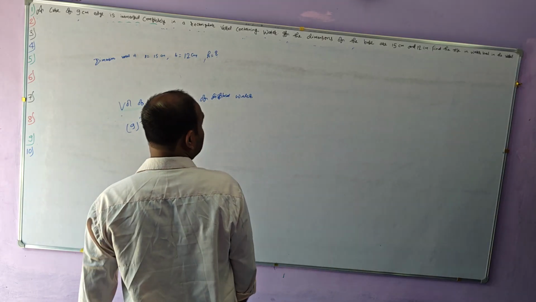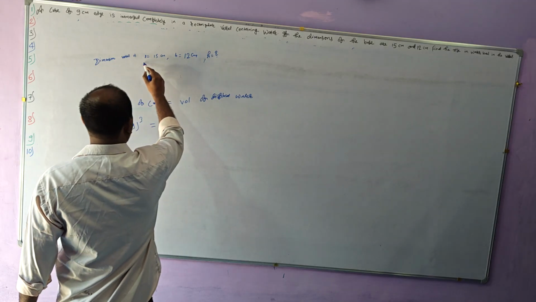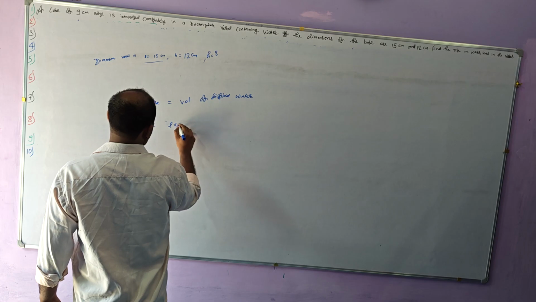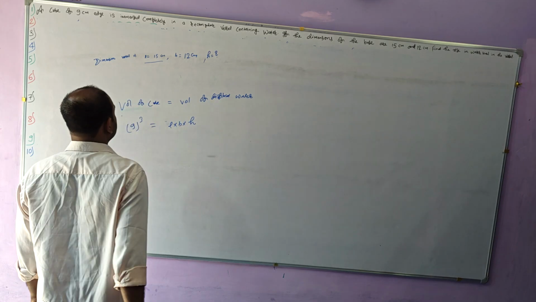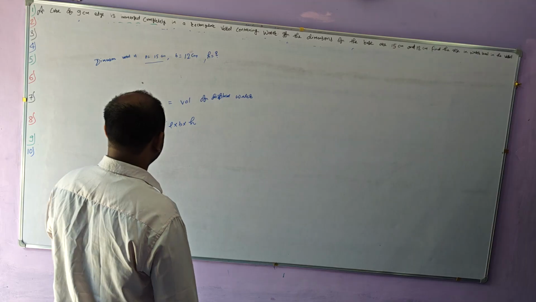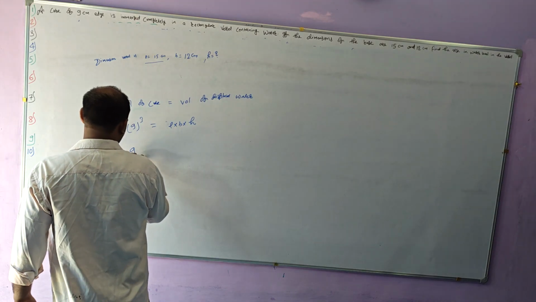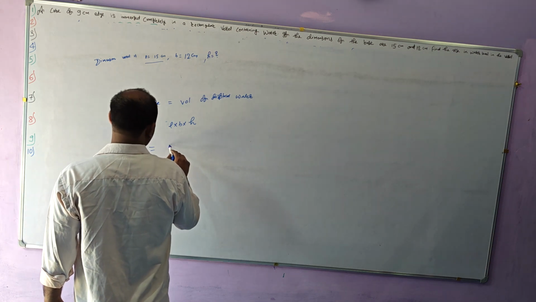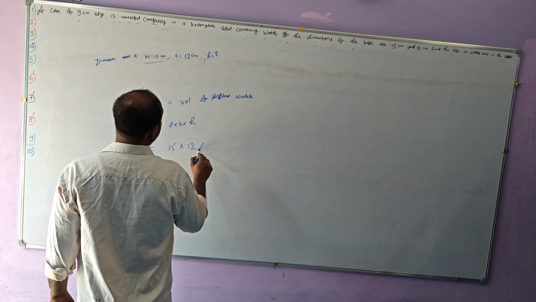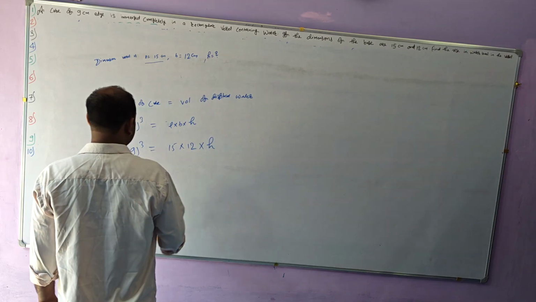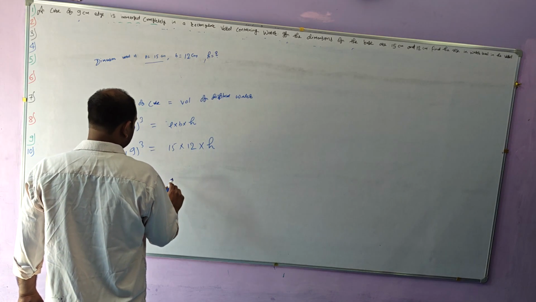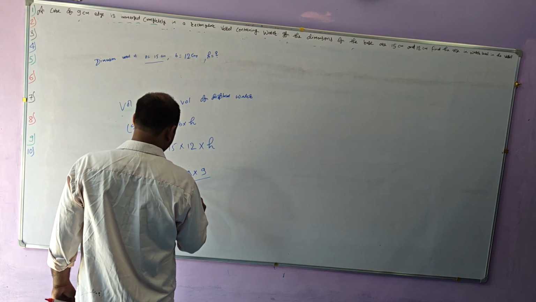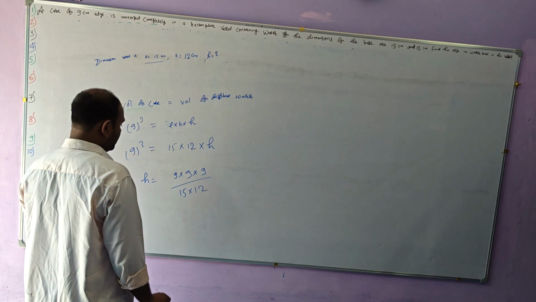Displaced water is L into B into H, and we need to find H. So 9 cube is equal to 15 into 12 into H. So H is equal to 9 into 9 into 9 upon 15 into 12.